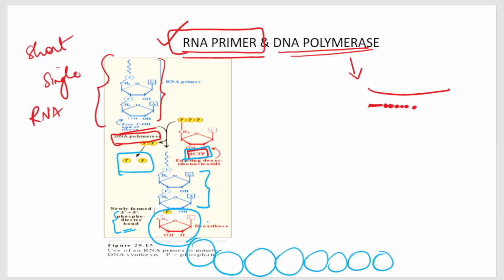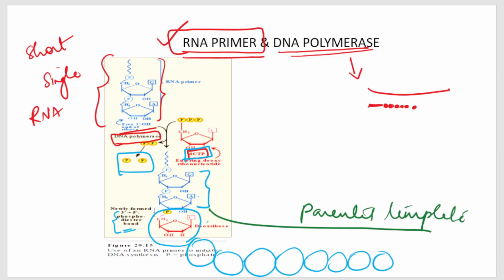How can they be attached? These nucleotides should be complementary to the parental template. These nucleotides are chosen by the DNA polymerase in such a way that they are complementary to the parental template.